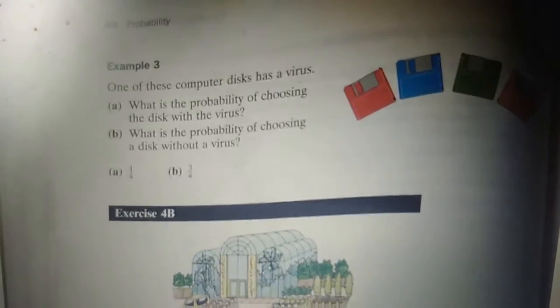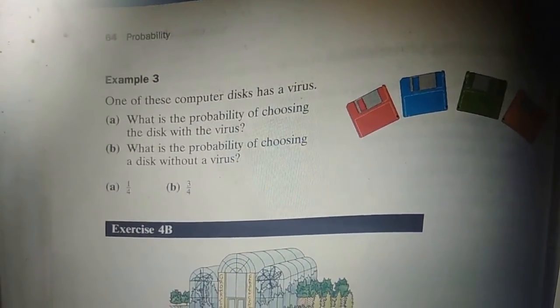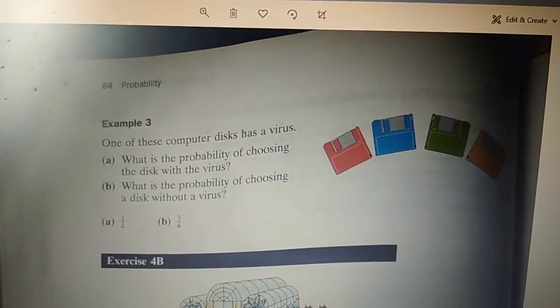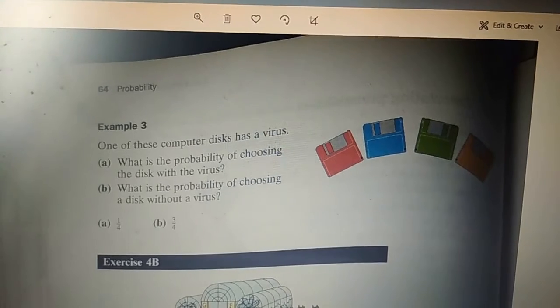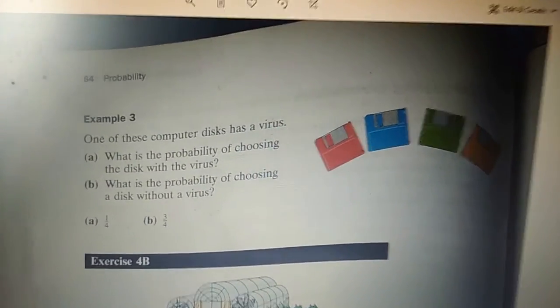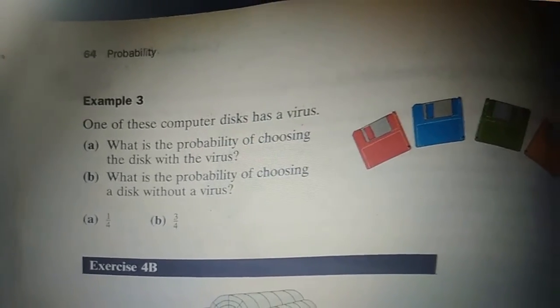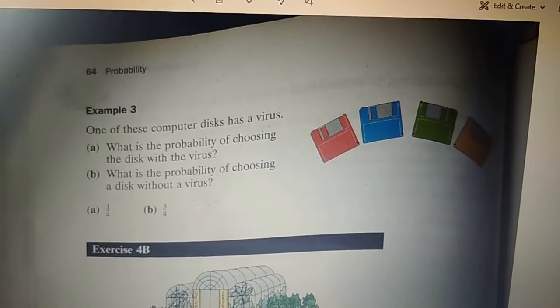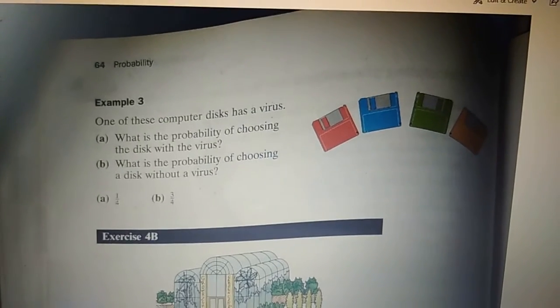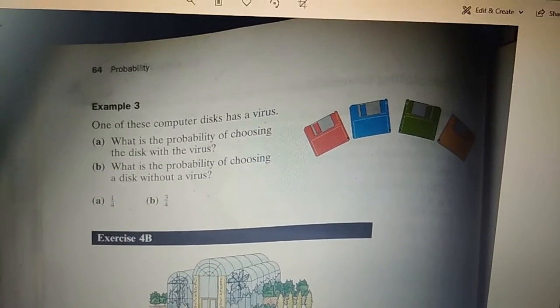I think you understood, but I'm making it clear again. In A, we are choosing just one disk, because just one disk has the virus.